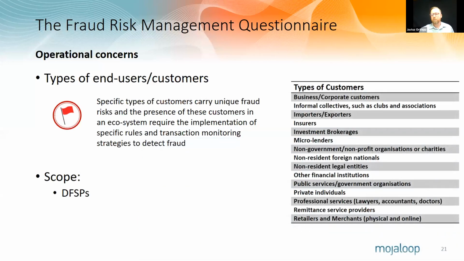Finally, we also catalog the kinds of customers that would be using the DFSP solution to transact through the system. What kinds of entities are they? Are you involved with investment brokerages, micro lenders, private individuals only? Do you have any non-resident foreign nationals or non-resident legal entities on your books? These are all important attributes to consider in trying to determine whether or not you are vulnerable to specific types of fraud.